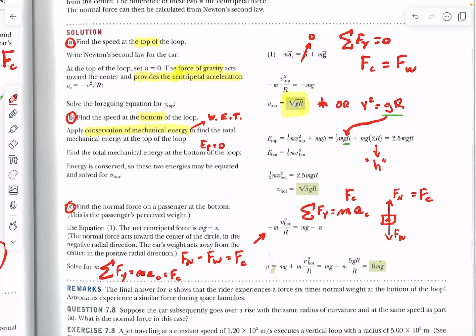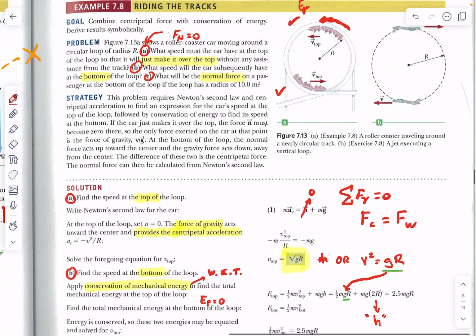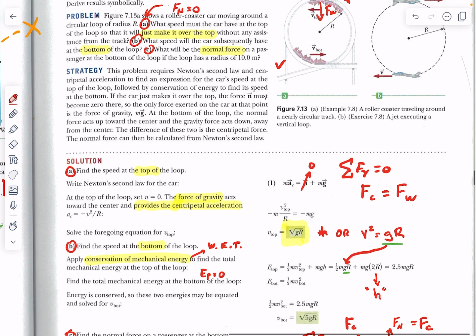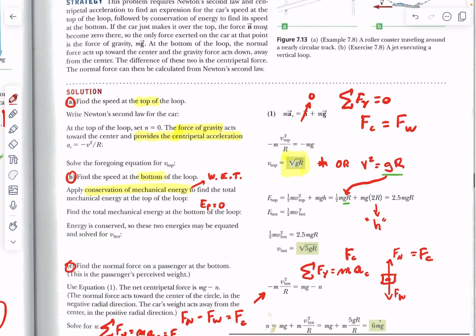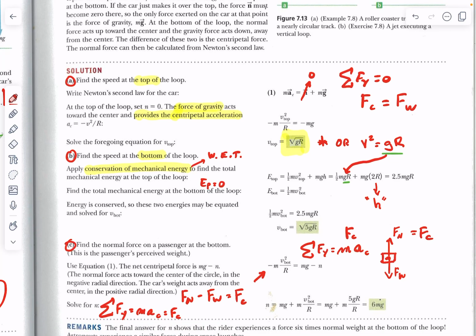And so the only forces acting on the object at the very top would be, let's come back up here, when the cars are up here, you have the force of weight acting down, okay? And you also have the centripetal force, the m a, and these have to equal each other.